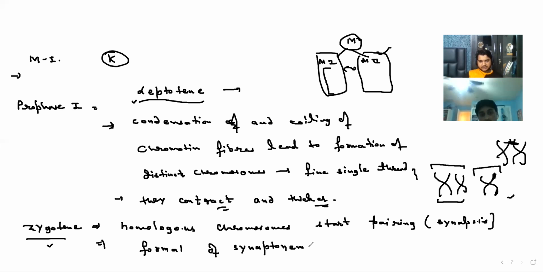So in the zygotene, formation of the synaptonemal complex takes place, and these are known as the bivalents. They look like this, and their name is given to you. This is known as bivalents.